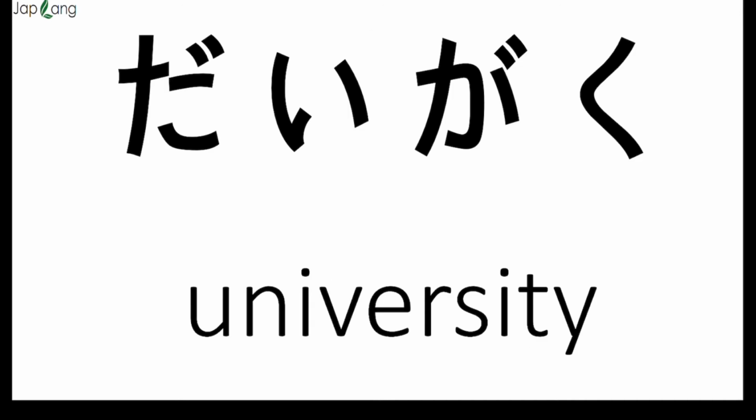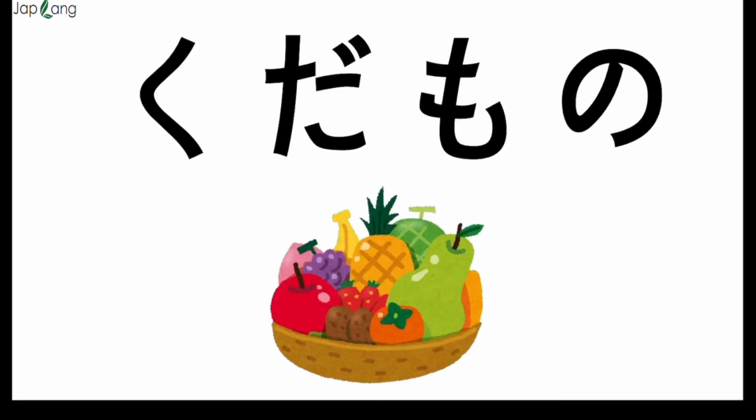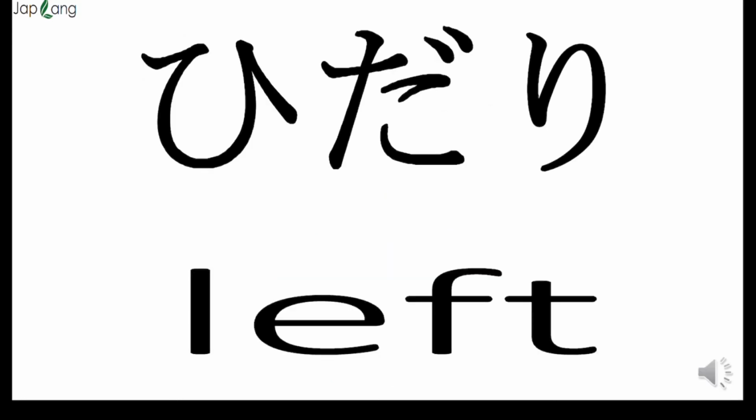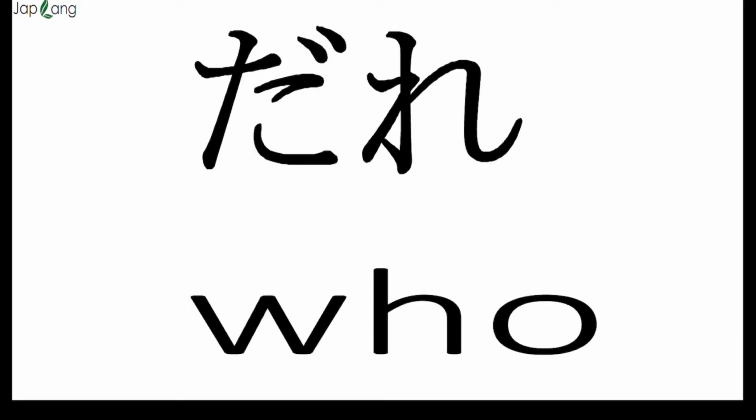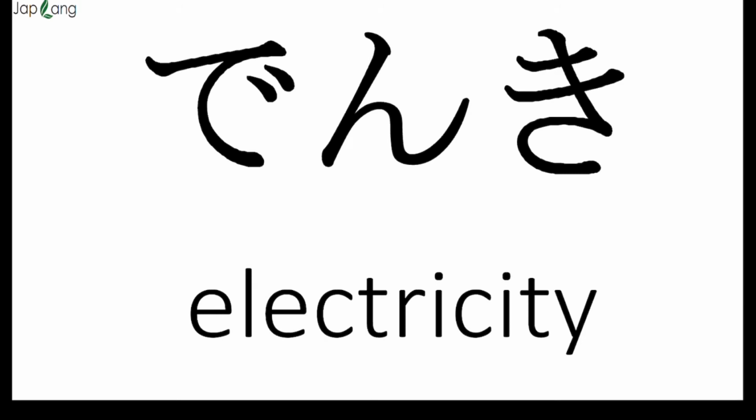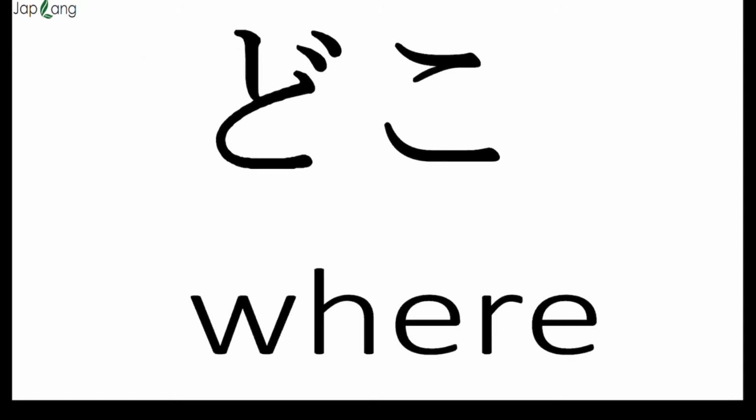Daigaku. Daigaku is university. Kudamono. Kudamono is fruits. Hidari. Hidari is left. Dare is who. Denki. Denki is electricity. Doko is where.